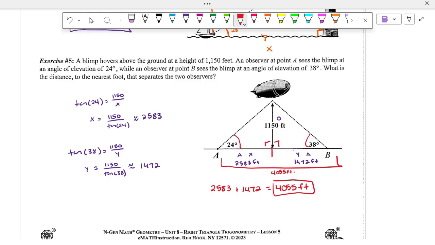All right, so we're not quite done with your packet yet, but I do want to try some where we're not given the picture. So go ahead and take out that separate packet of problems that I gave you guys. So don't put your packet up completely yet because we're not done with it, but grab that other packet.